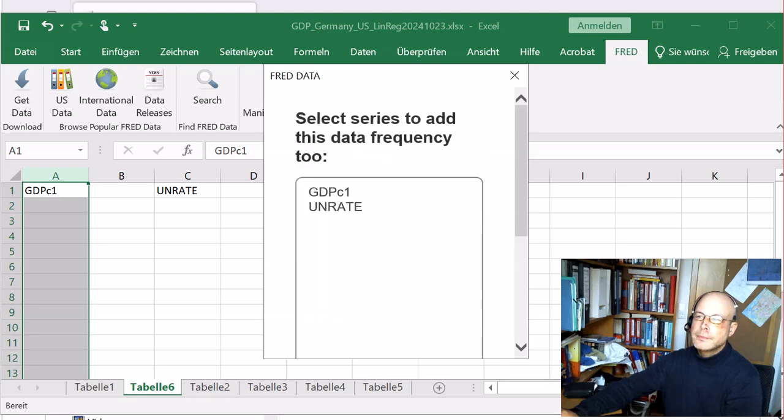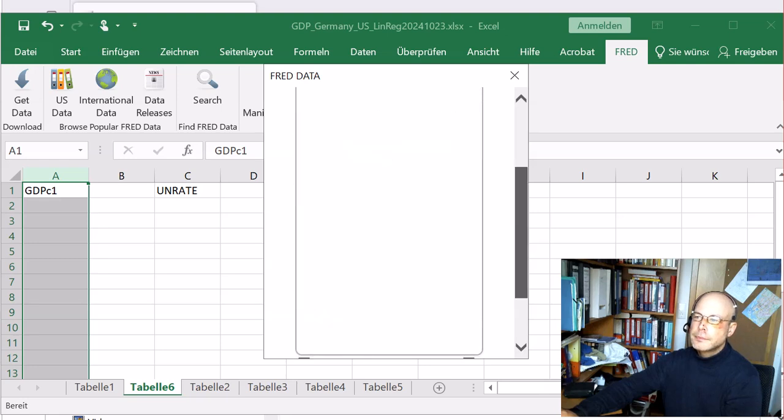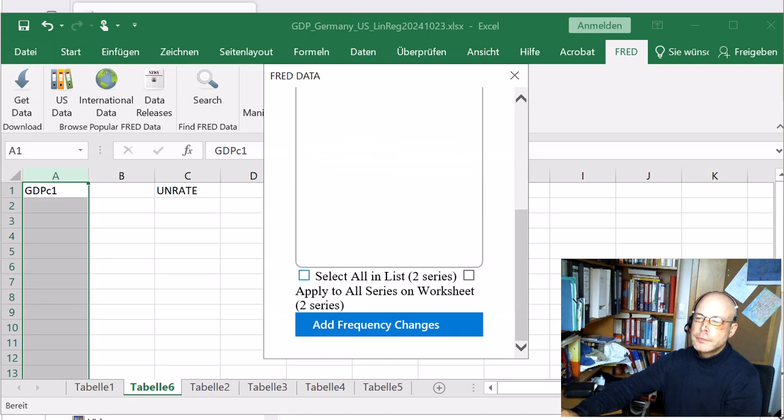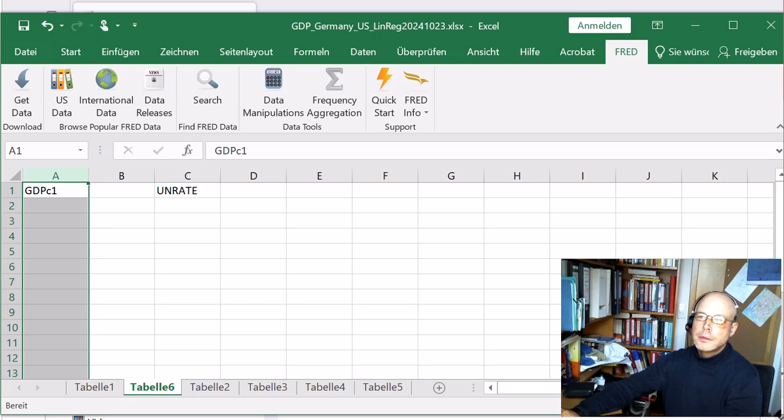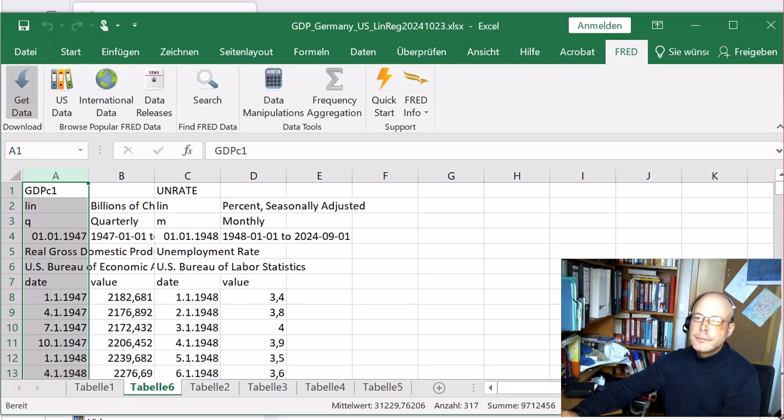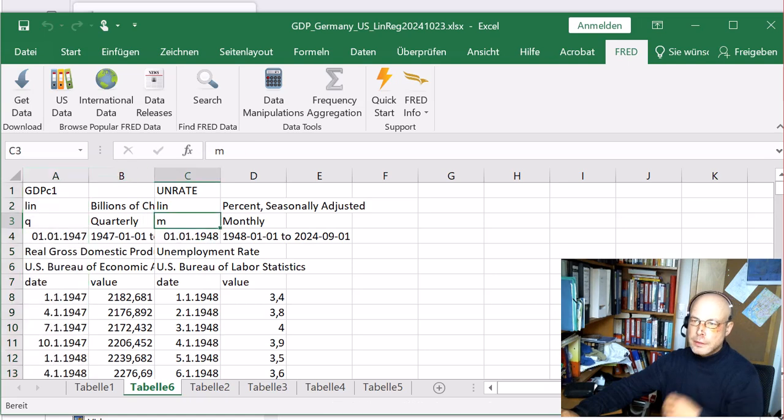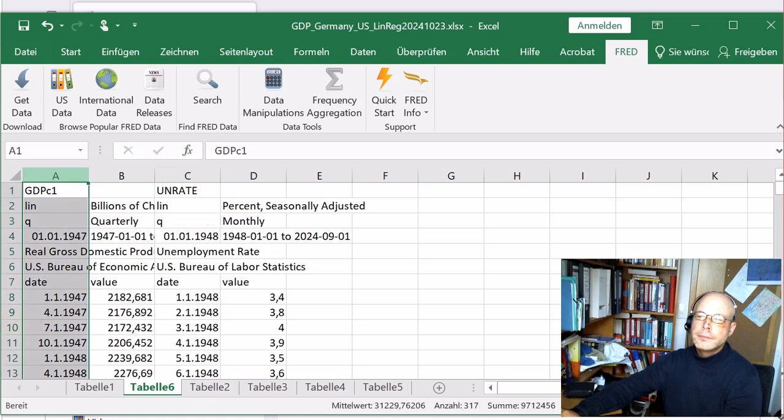Quarterly. Selecting all and get data. Again monthly, I don't know why. Refreshing data.